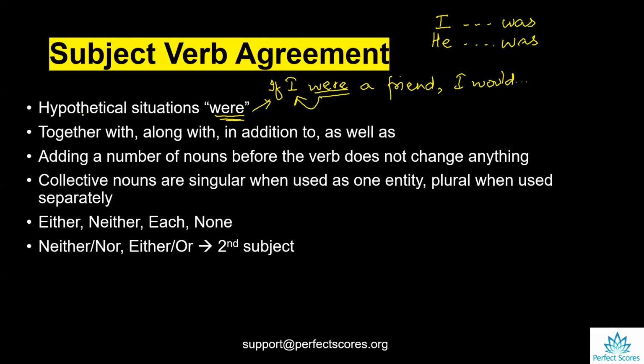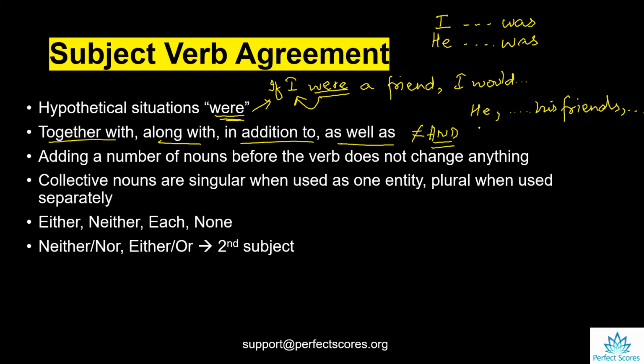The second is whenever you have these words: together with, along with, in addition to, as well as. All of these phrases are not equal to and. So let's say I have a sentence, he, together with his friends. This does not equal he and his friends.